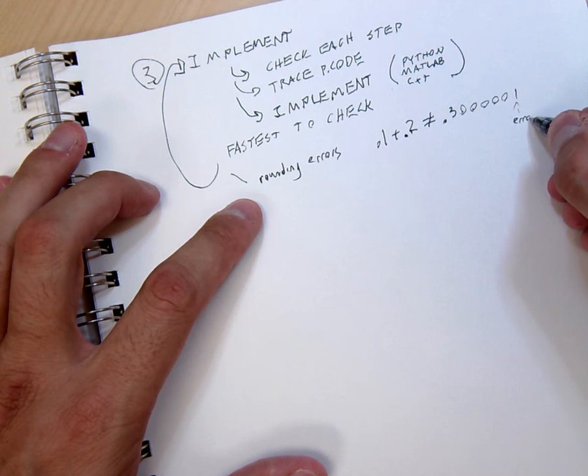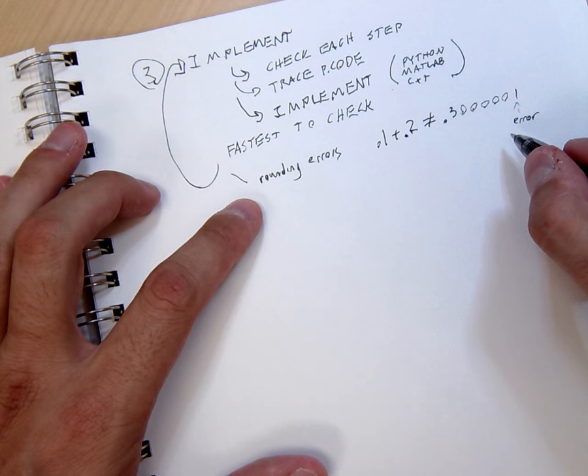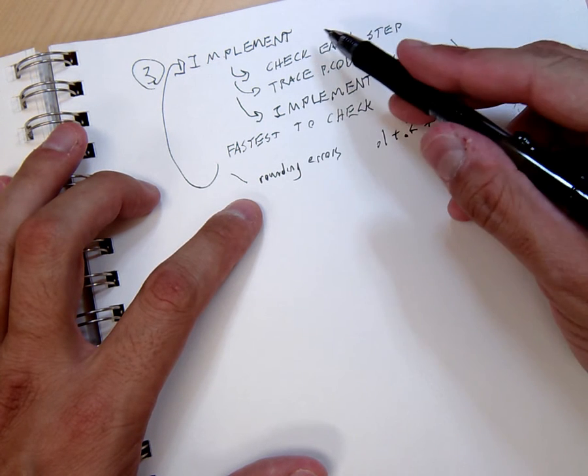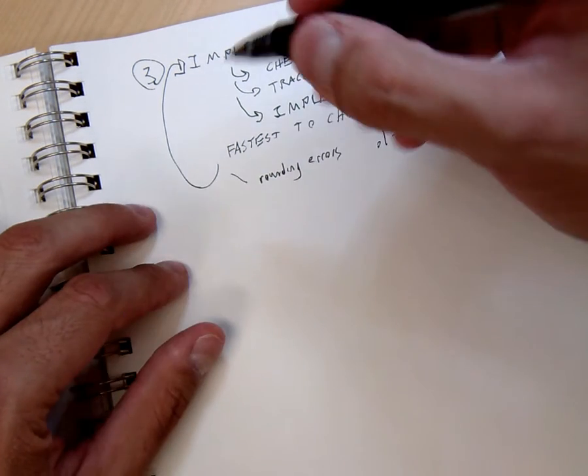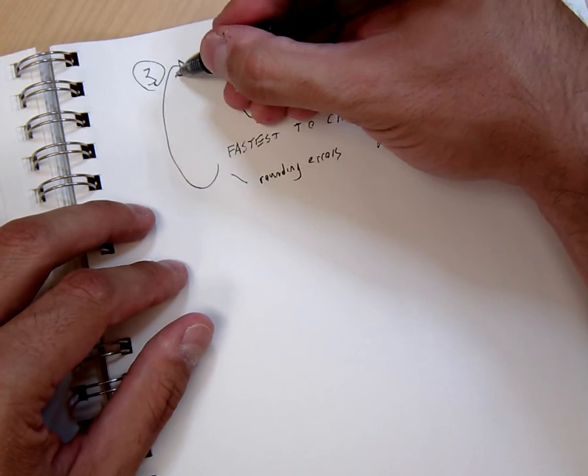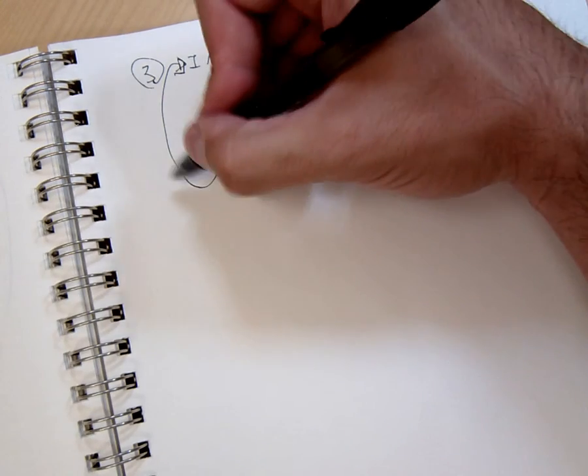And if you haven't seen that yet, you might find that it's true when you go to implement something and you can't figure out why it's not working, which might cause you to go back and change your implementation in some way, and it might cause you to go all the way back.